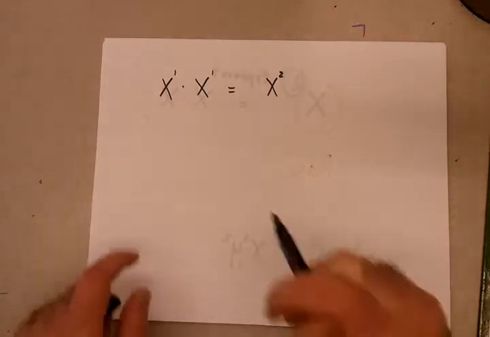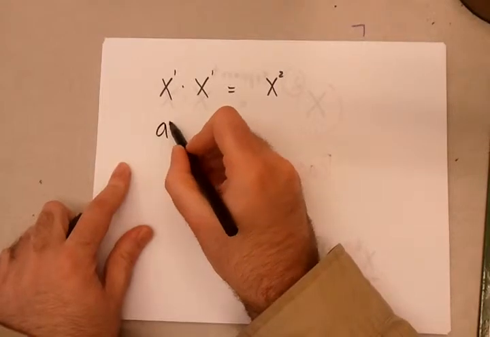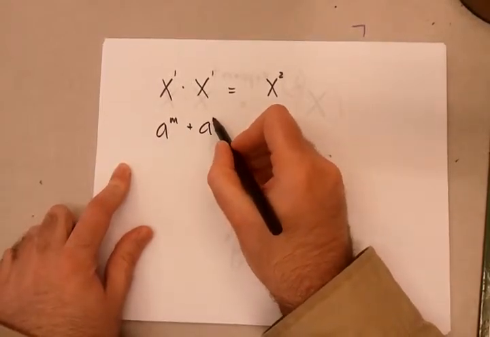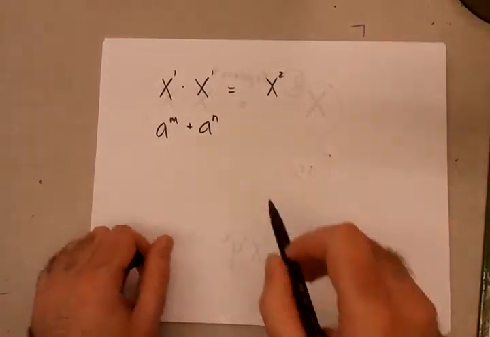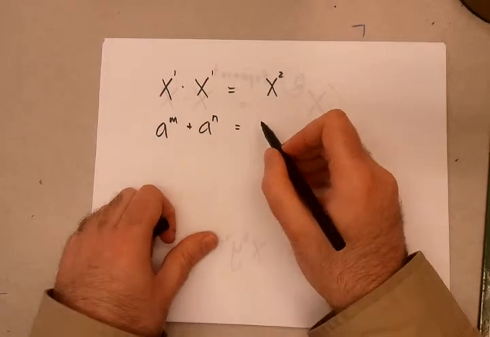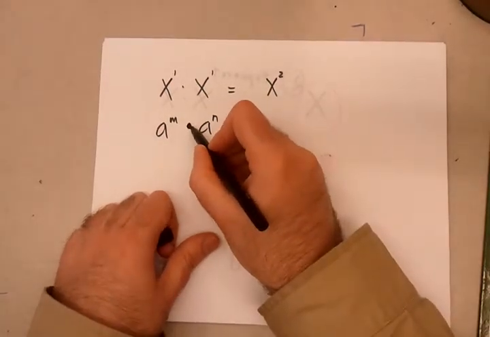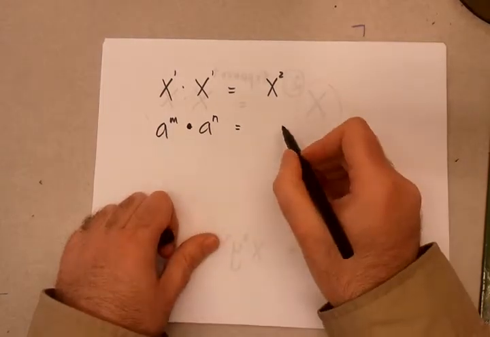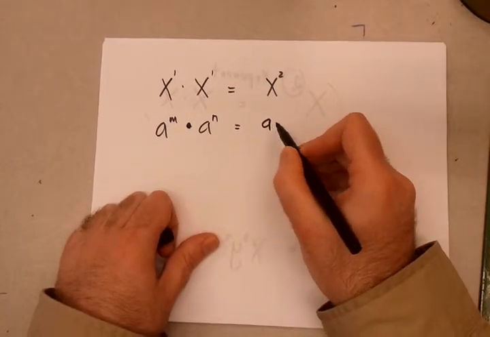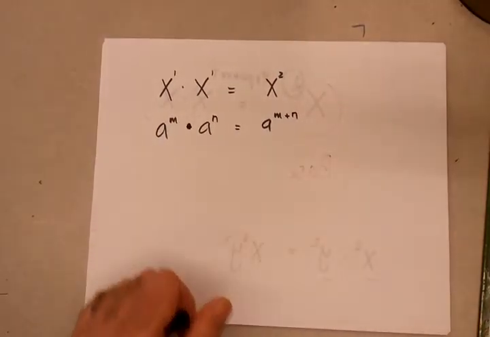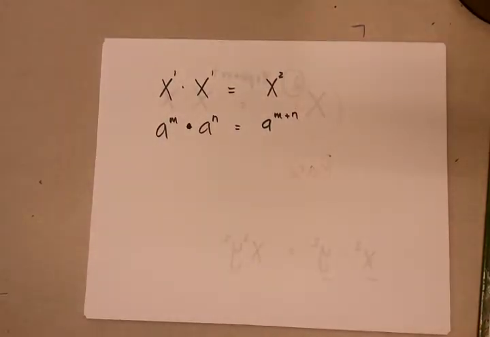If we had something like this, a to the mth power times a to the nth power, the bases are again the same. Sorry, it's multiplication, my bad. So again, if you're multiplying a pair of exponential forms and the bases are the same, you're just going to add the two exponents together.